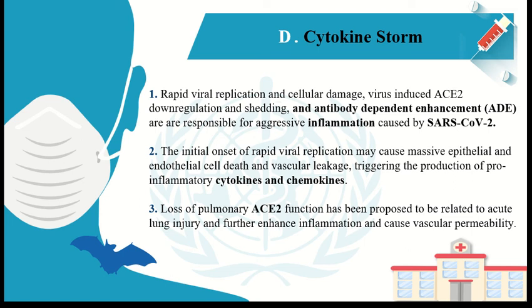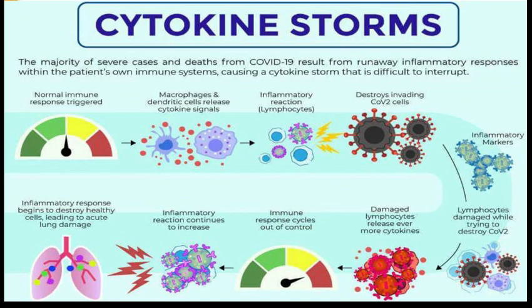The initial onset of rapid viral replication may cause massive epithelial and endothelial cell death and vascular leakage, triggering the production of pro-inflammatory cytokines and chemokines, in which loss of pulmonary ACE2 function has been proposed to be related to acute lung injury and to further enhance inflammation and cause vascular permeability. The majority of severe cases and deaths from COVID-19 result from runaway inflammatory responses within the patient's own immune system, causing a cytokine storm that is very difficult to interpret.